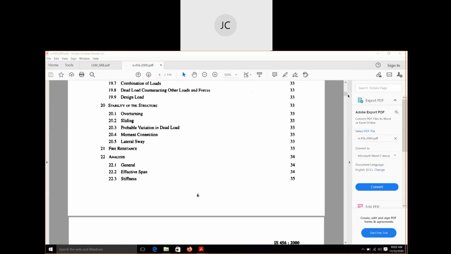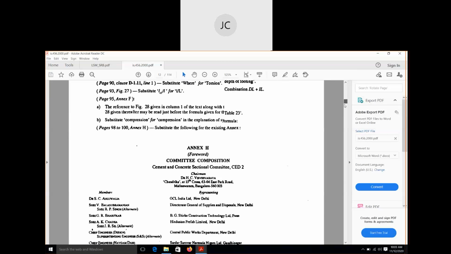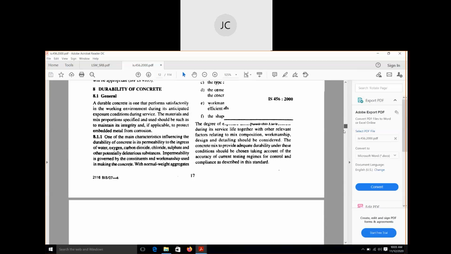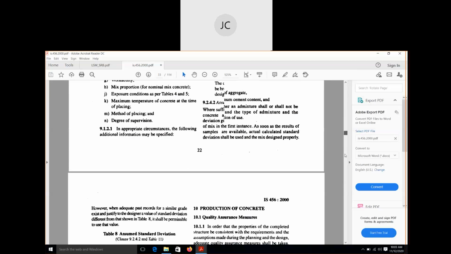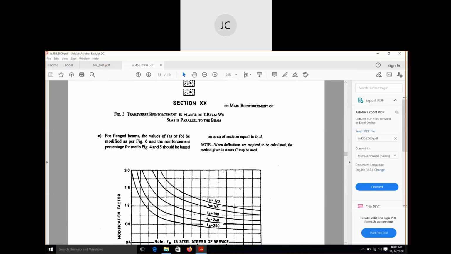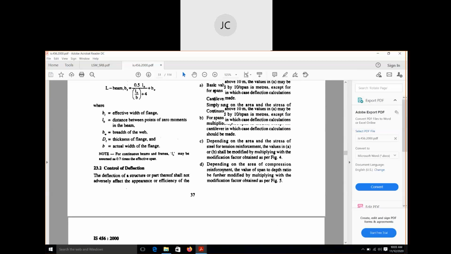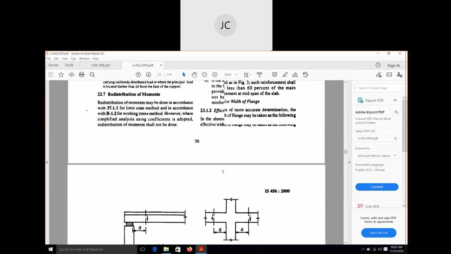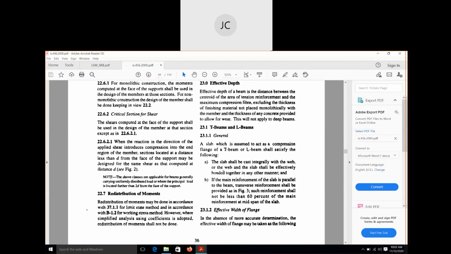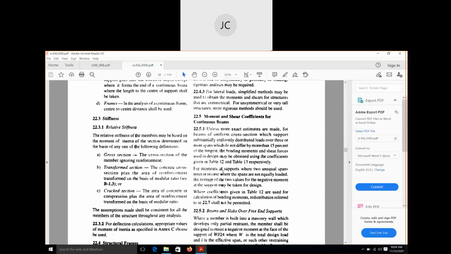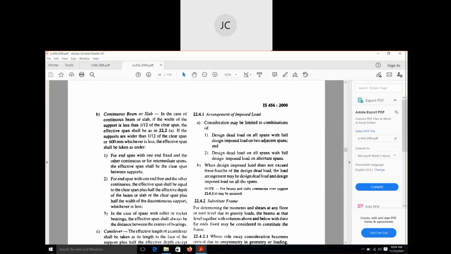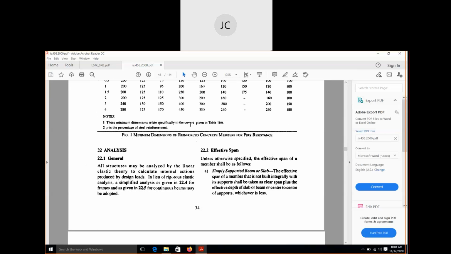So I am always telling you, whenever we solve numericals and use IS 456, try to remember the clause numbers. This is clause number 22.2.